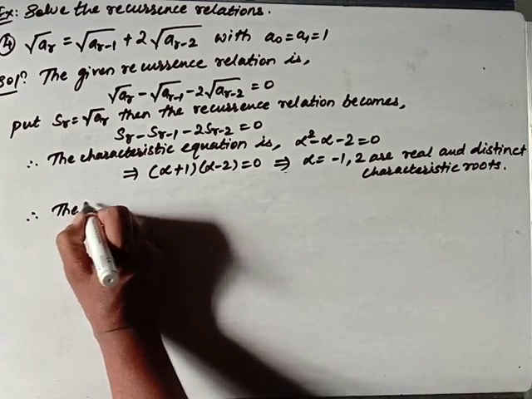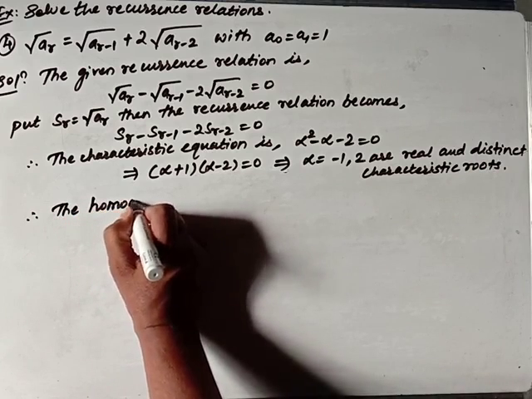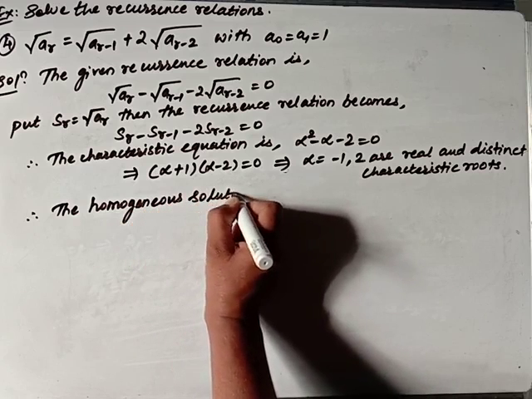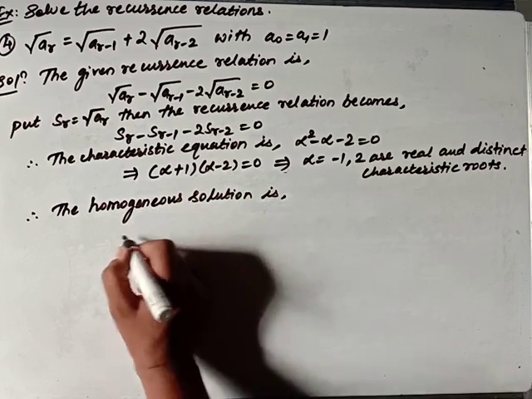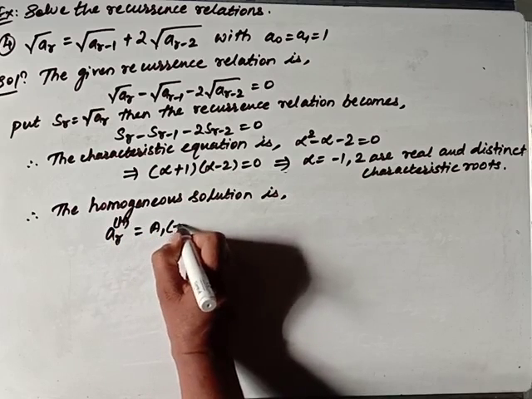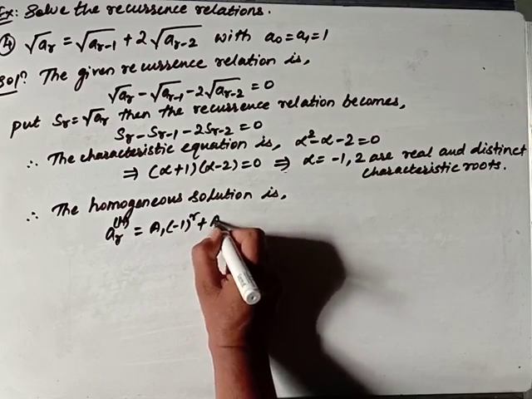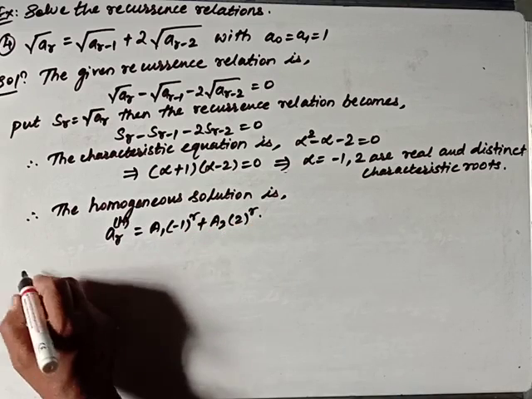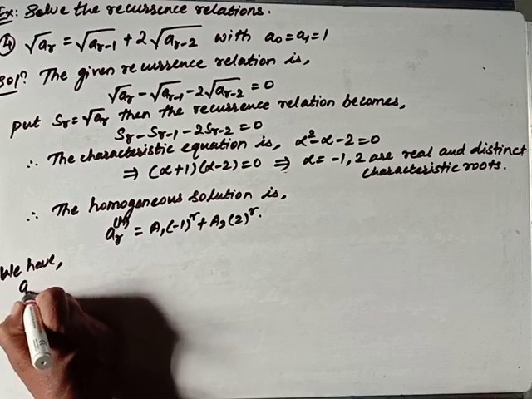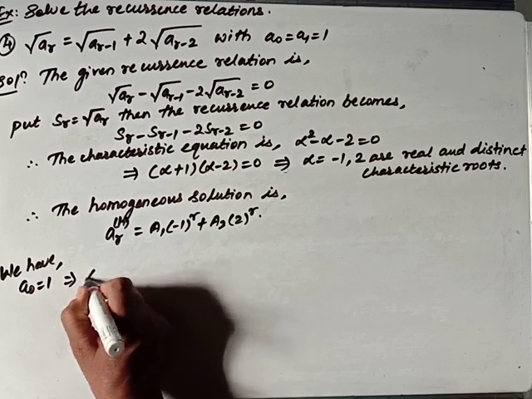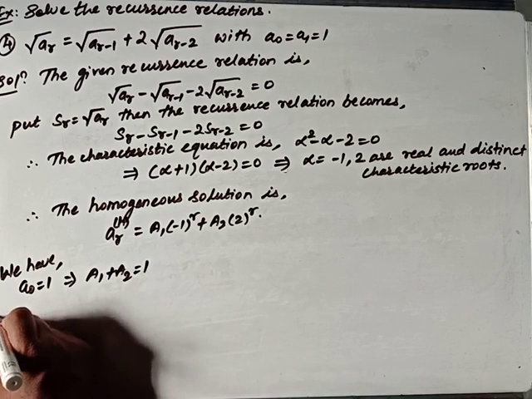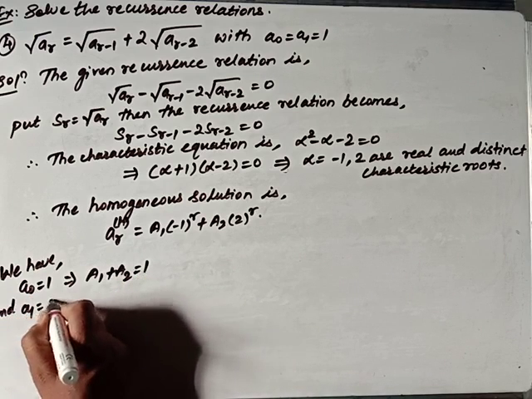Therefore, the homogeneous solution is s_r^(h) = A1 into (minus 1)^r plus A2 into 2^r. Now s_0 is equal to 1, so A1 plus A2 is 1. And s_1 is equal to 1.